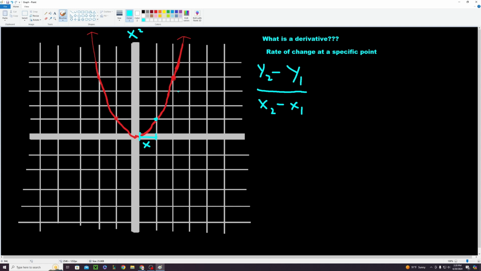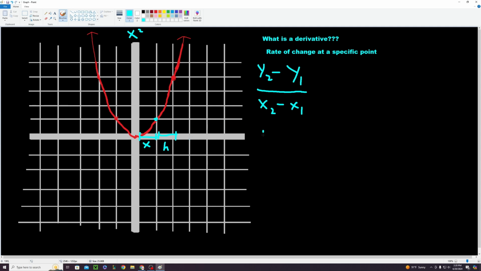But we also need another point, but it has to be as close to x as possible if we want the rate of change just there. So this distance, whatever it is, we will call h. But we need h to be as close as possible to x to get the instantaneous rate of change. So h has to approach 0, because that is the closest it's going to get to just being x.